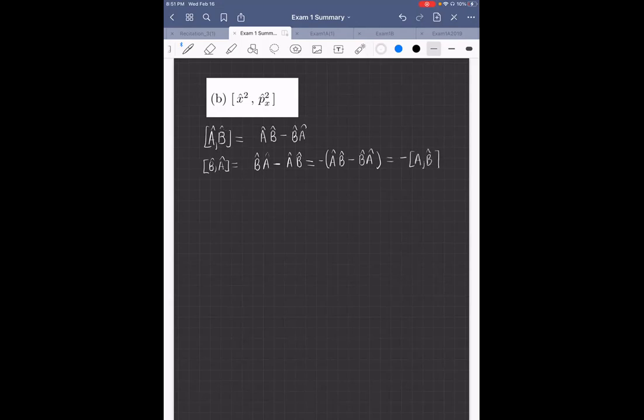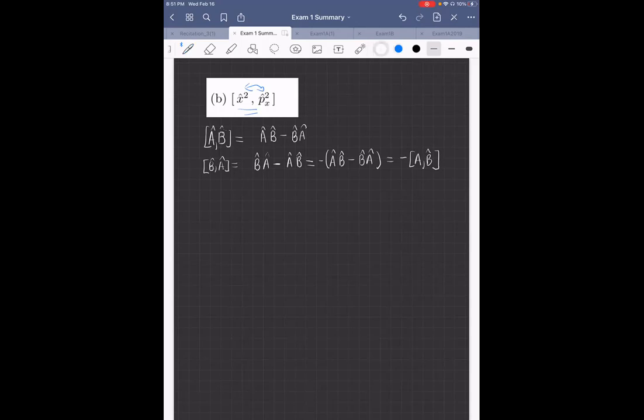Now, based on this fact about commutators, can you guess what this answer is? It's because the operators are just switched around, right? Yeah, it would just be the positive A version.